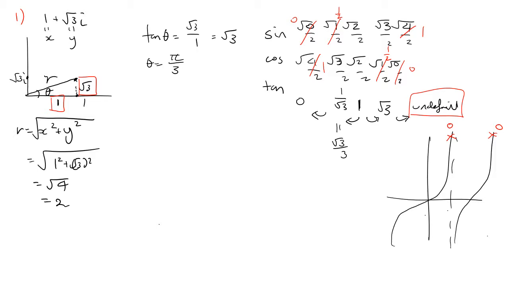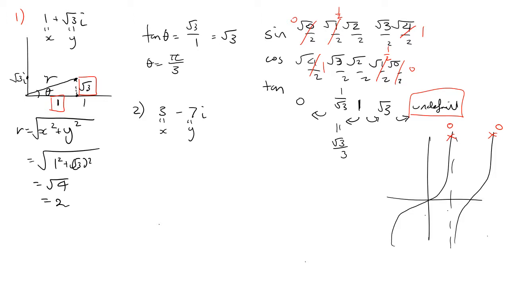Now let's try another example. Question 2, let's do minus, 3 minus 7i. Find the polar form of this complex number. That's x, that's y.